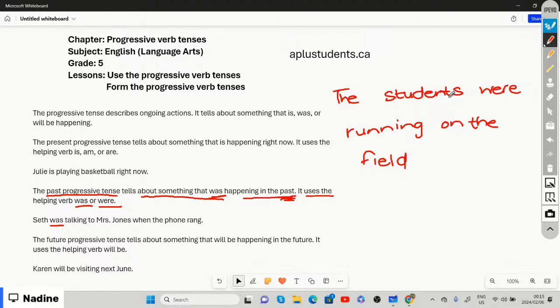So the students, referring to more than one student, which is plural form, and we use the word were. So we use the word was when we're referring to one person or thing, which is singular, and we use the word were if we're referring to more than one person or thing, which is plural form.